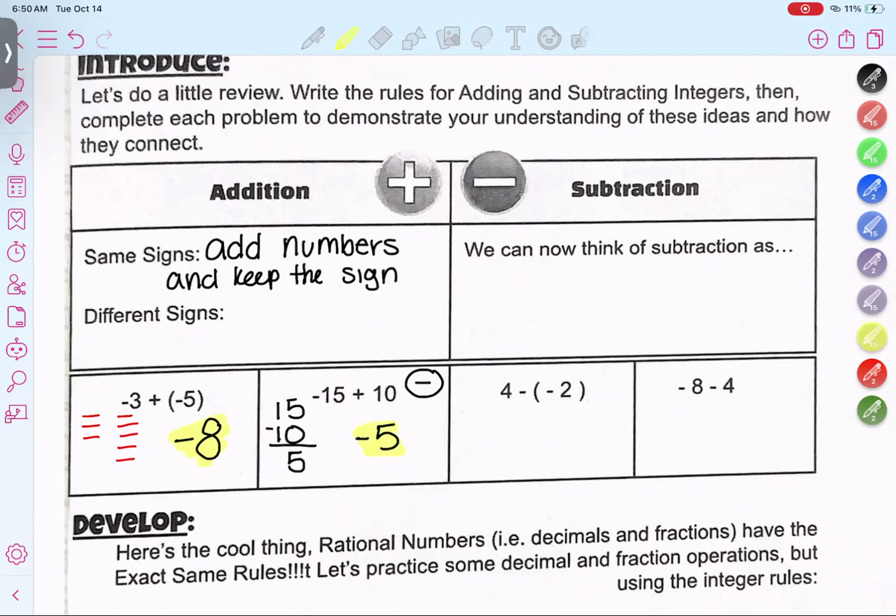So in the case of adding things, if they have different signs, there's two ways you can think about it. You can think about it as who wins and by how much, or you can think about it as subtract the numbers and keep the bigger number's sign.